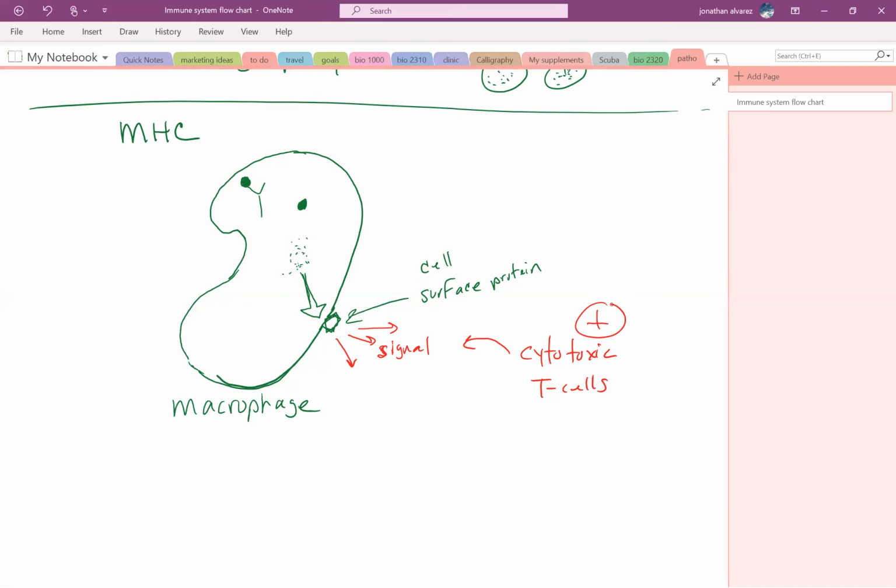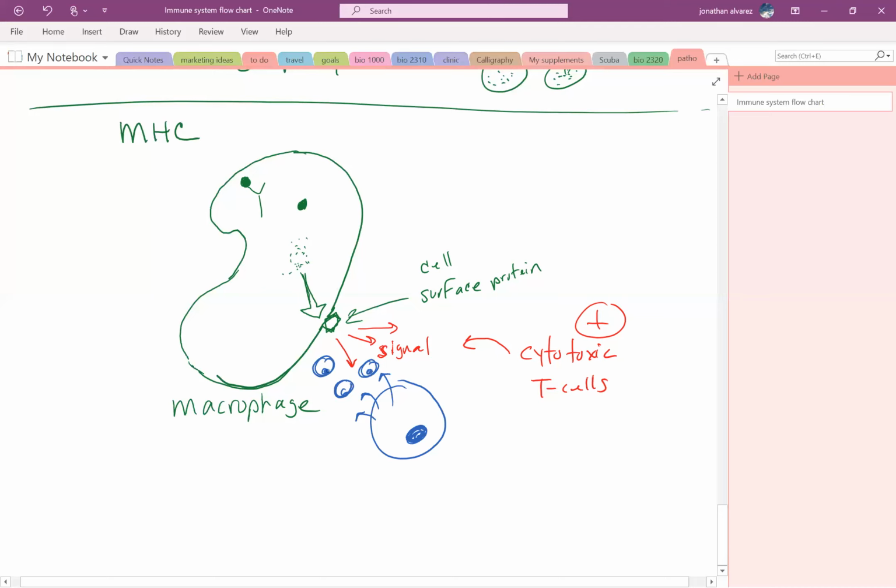All right, so let's draw a T cell. There's the nucleus of the T cell. And what happens is it releases all these T cells that go into the site.